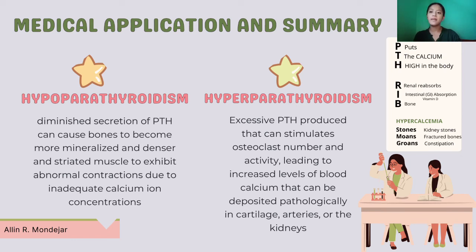Since hypo means low and hyper means high, hypoparathyroidism results from a decreased secretion of the parathyroid hormone, while hyperparathyroidism results from an increased secretion of the parathyroid hormone. So why does this happen? Now let's go back to the calcium homeostasis.